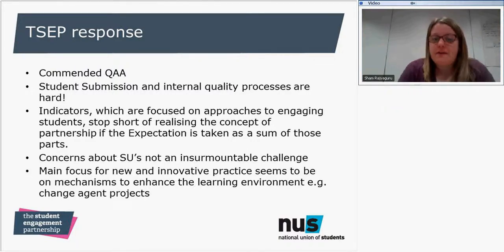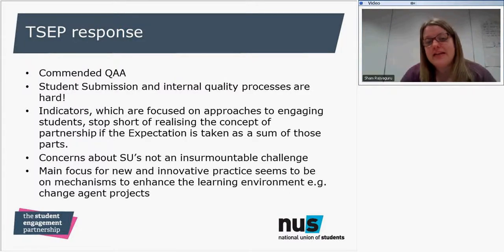In terms of Chapter B5, we didn't feel like Chapter B5 is something that's particularly in and of itself stifling innovation, but that it's potentially being used as a prop by some people who think student engagement should be a bit of a tick box exercise, or who are not particularly bought in or don't understand the value of student engagement.